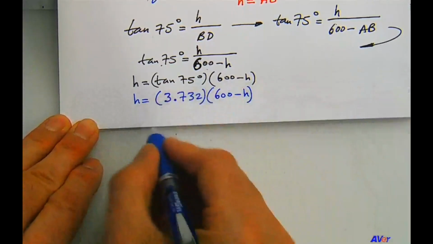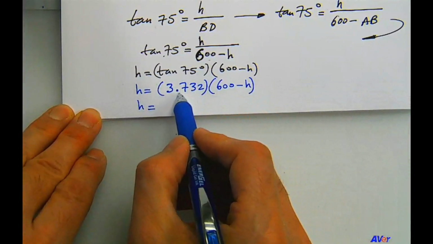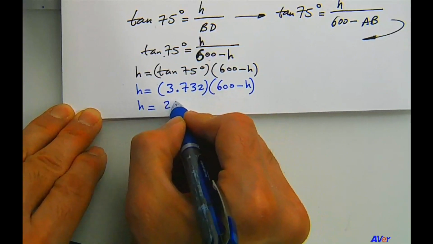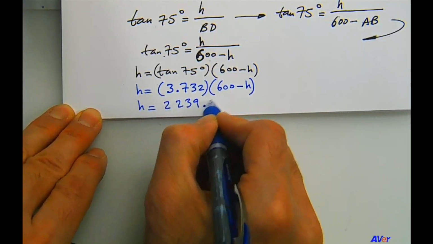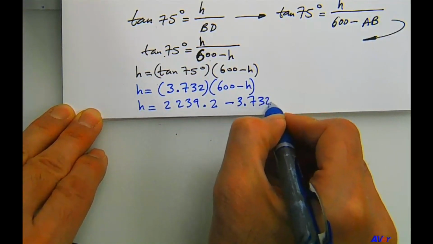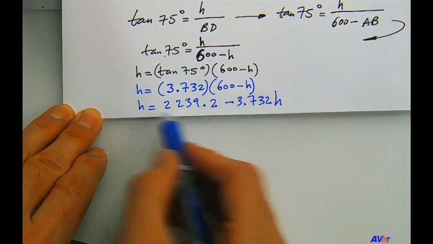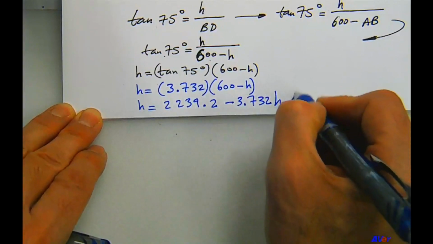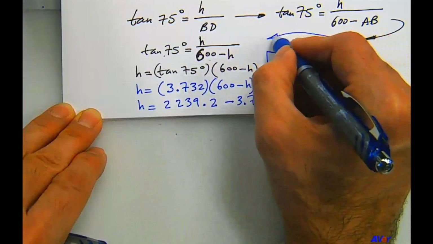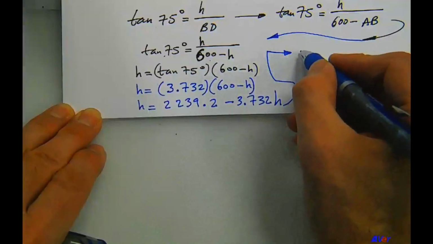Okay, so we have h equals 3.732 times 600, and we get 2,239.2 minus 3.732h on the other side, right? So move all the h terms to one side. So this arrow should be actually here, right? And then we come back this way.